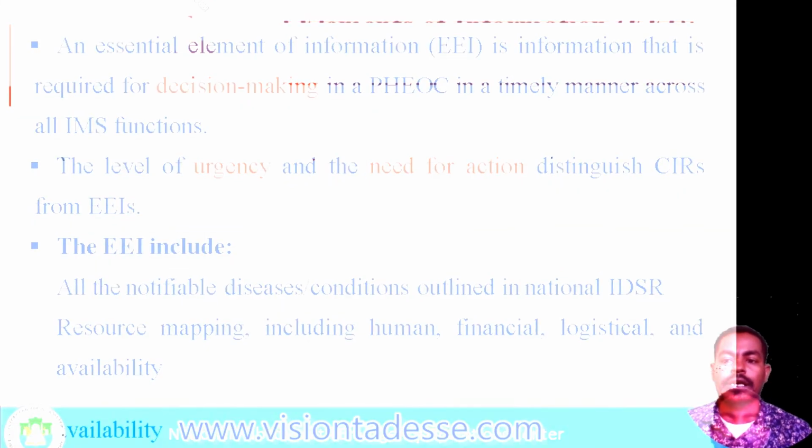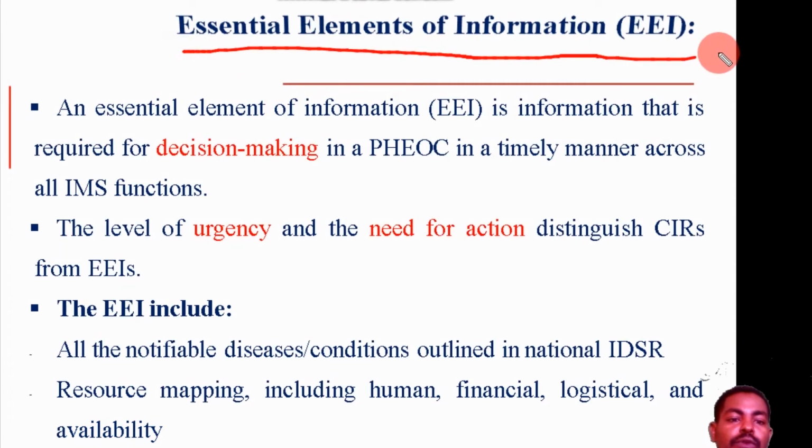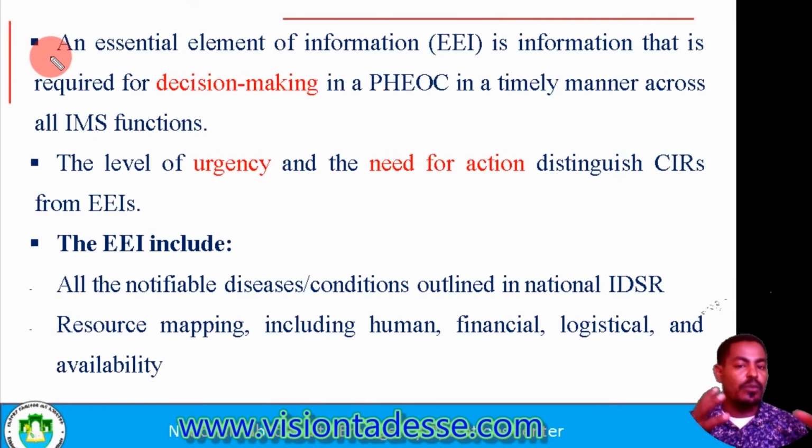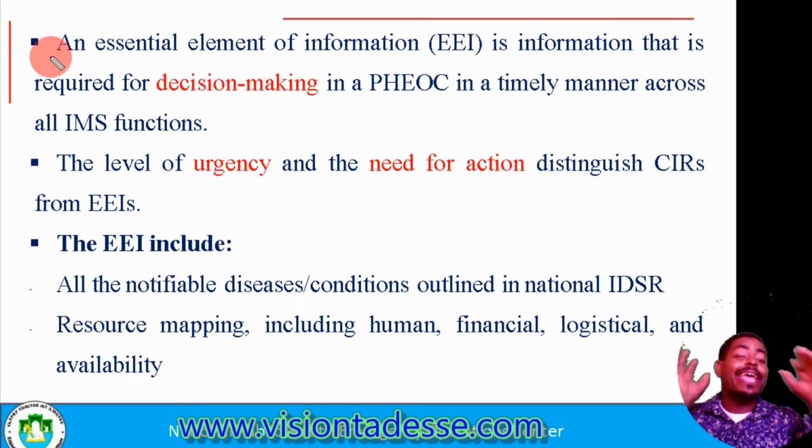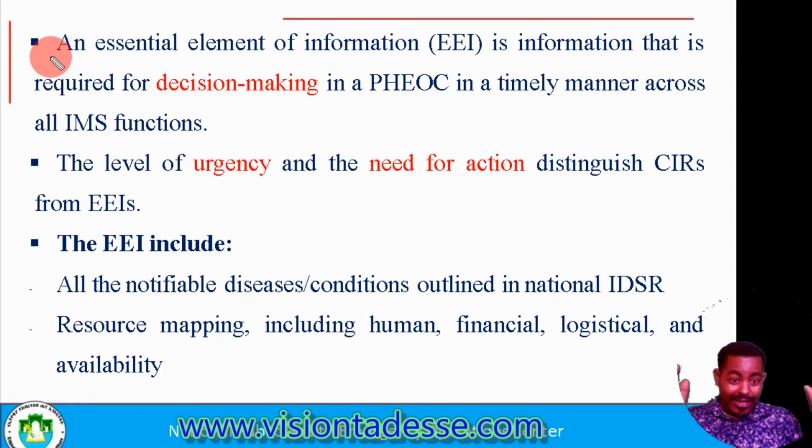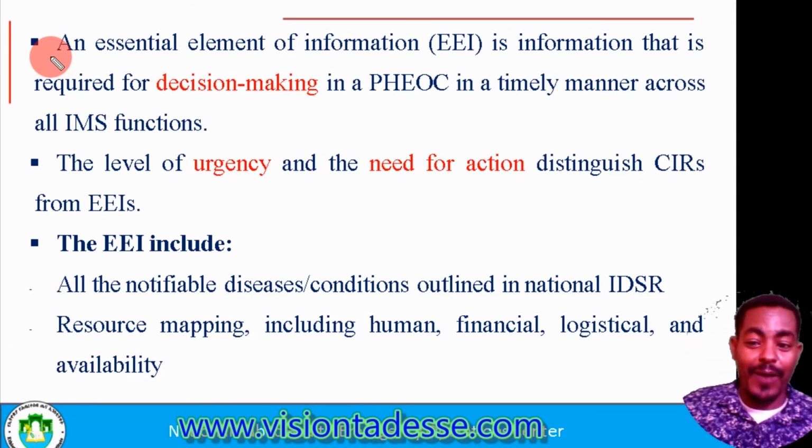So here is what is important. Essential elements of information, what is it? An essential element of information, EEI, is information that is required for decision making in a PHOC in a timely manner across all IMS functions. There is a function protocol that defines the IMS.